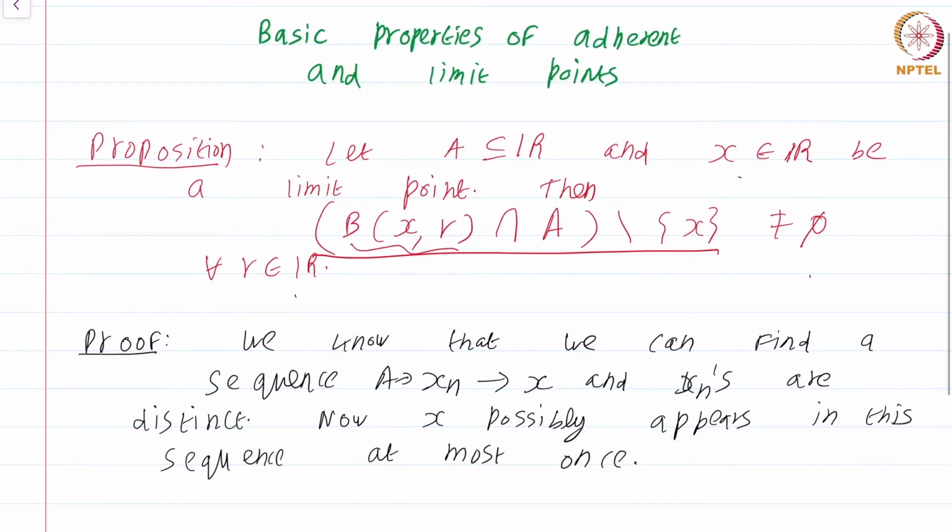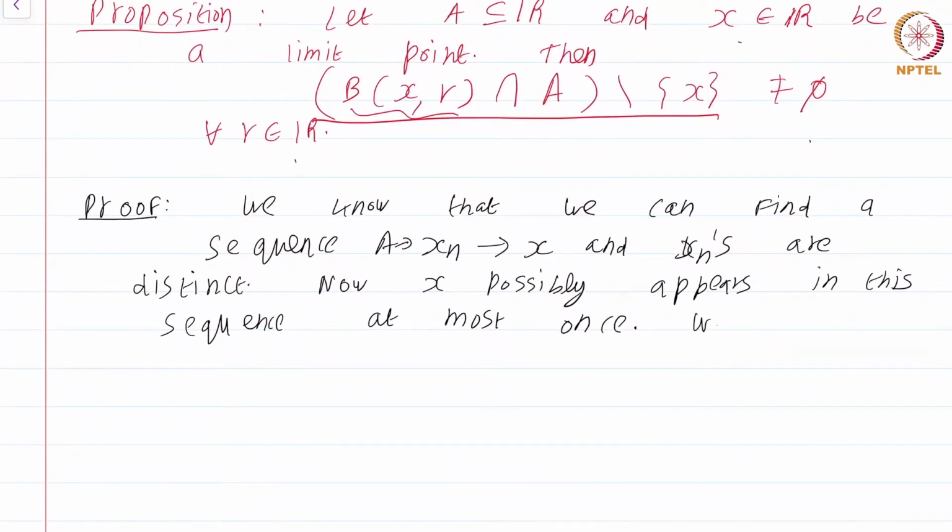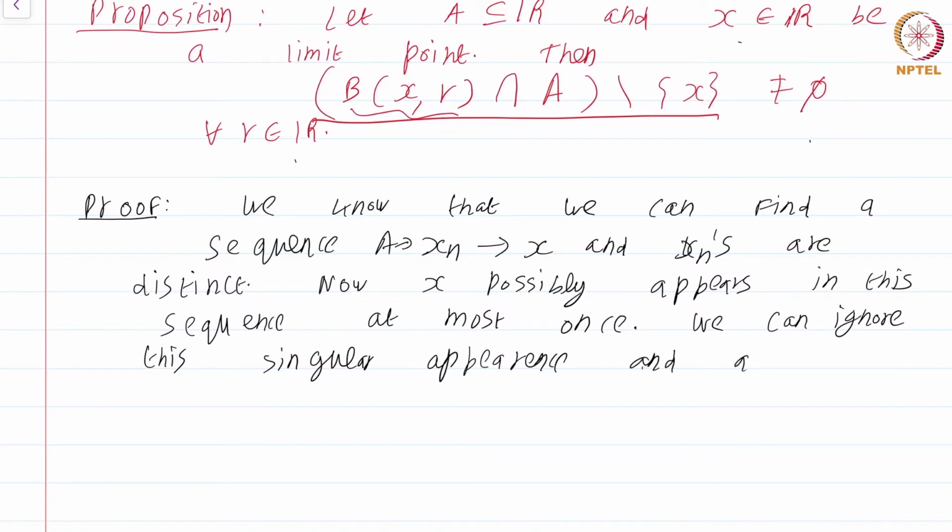Because this is a sequence of distinct elements, if x were to appear in the sequence, it can appear at max once. Okay, we can ignore this singular appearance and assume x_n is not equal to x for all n.